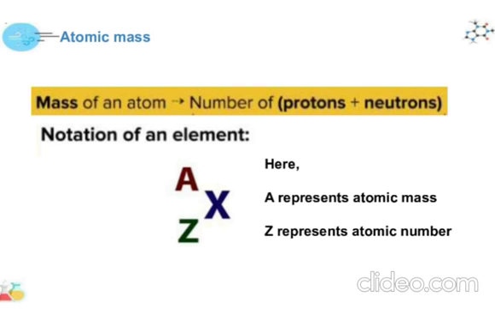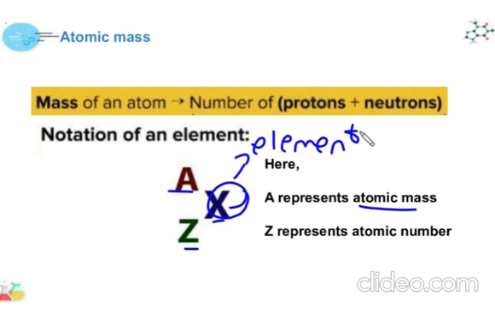Now, next is atomic mass. Atomic mass is the number of protons plus neutrons. We write it in the form of A X Z. A is the atomic mass, X is the element, and Z is the atomic number.